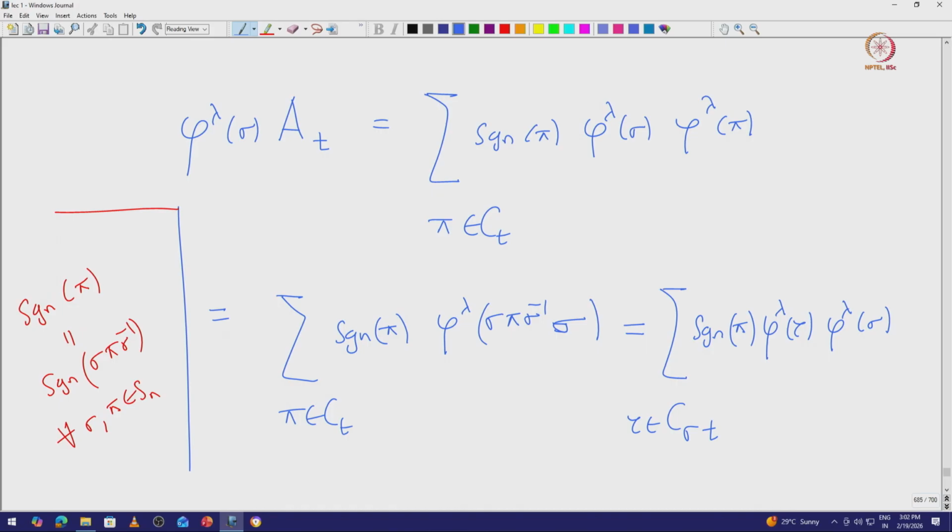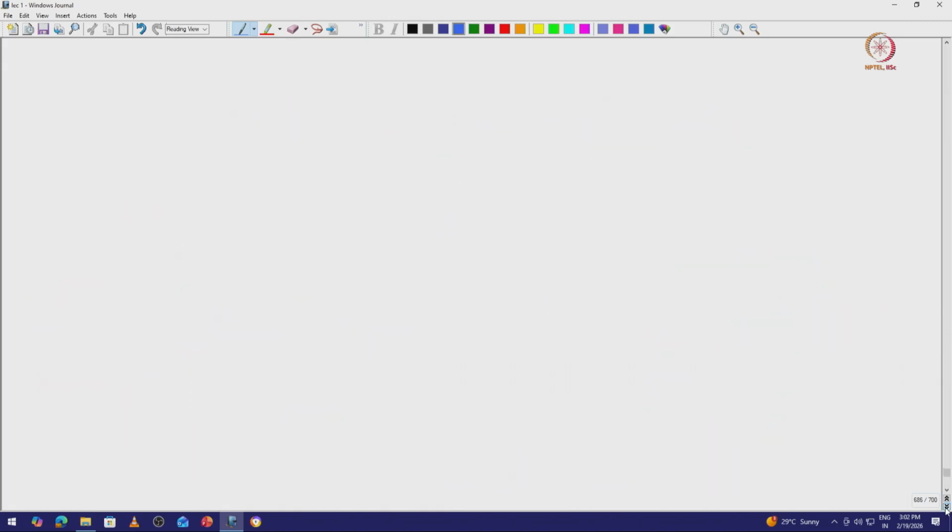So, this is exactly equal to A sigma t and then phi lambda sigma, by definition of A t. So, we have the equality phi lambda of sigma A t is nothing but A sigma t phi lambda of sigma.